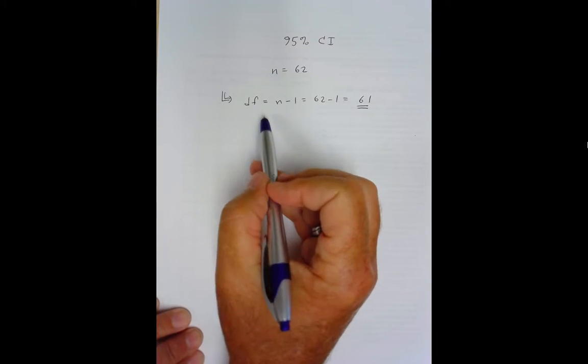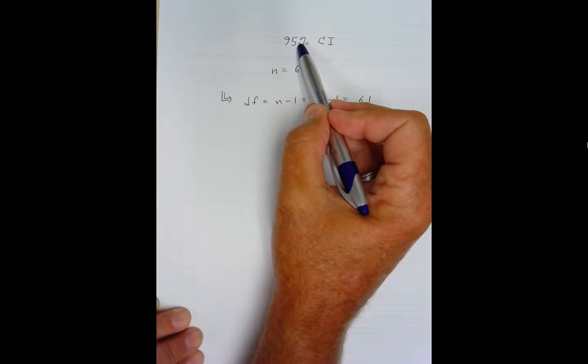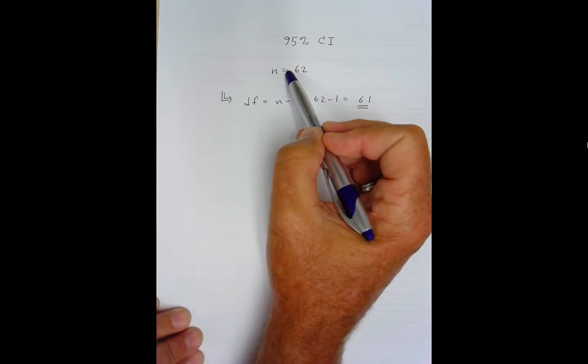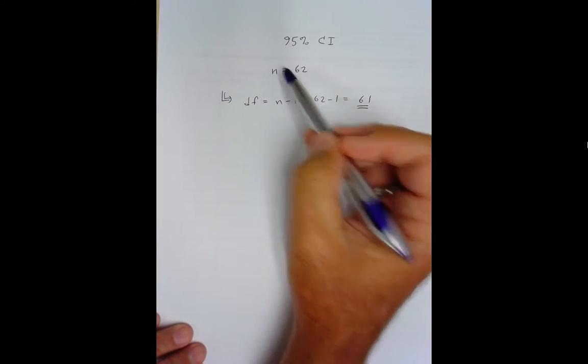So whether it's a confidence interval or hypothesis testing, I will be working this problem with the distribution of degrees of freedom 61. So that's the t-distribution that I use to work this problem.